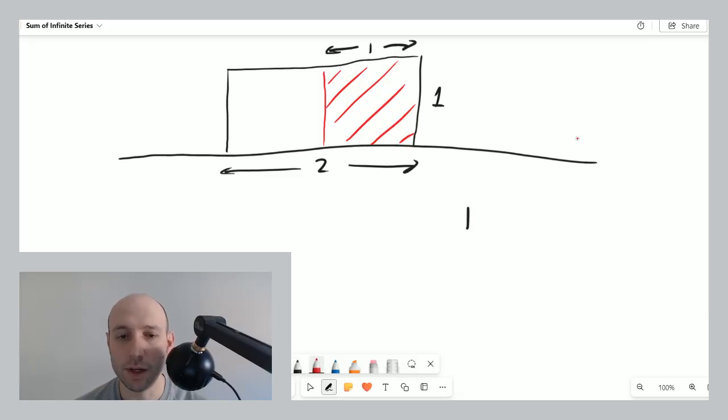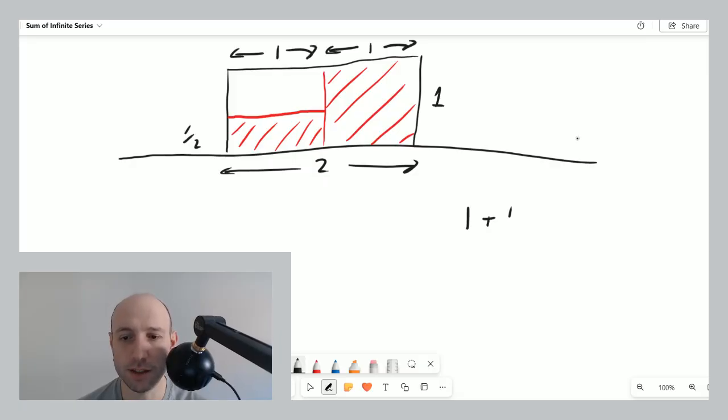And then we paint half of what remains, okay? So that is going to be this area here. All right, so, well, that's an area of 1 over 2 by 1, which is 1 over 2, right?